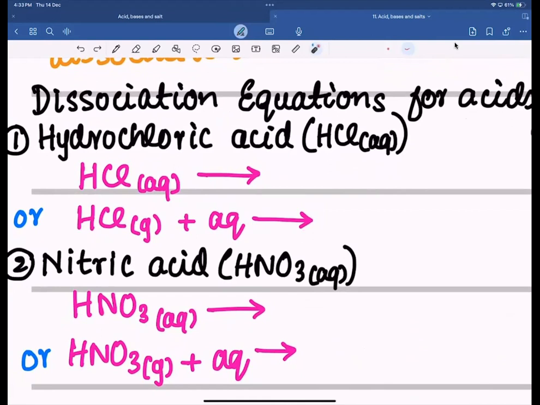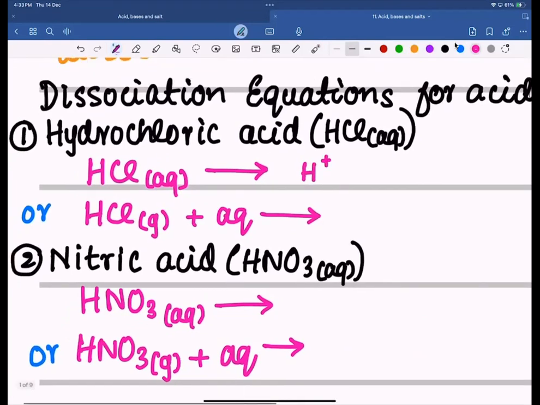One hydrogen, right? So when it dissociates, it is going to produce one hydrogen ion, and a hydrogen ion always has a +1 charge. So if the hydrogen ion has a +1 charge, then the ion which is left is Cl, and its charge will be -1 only.